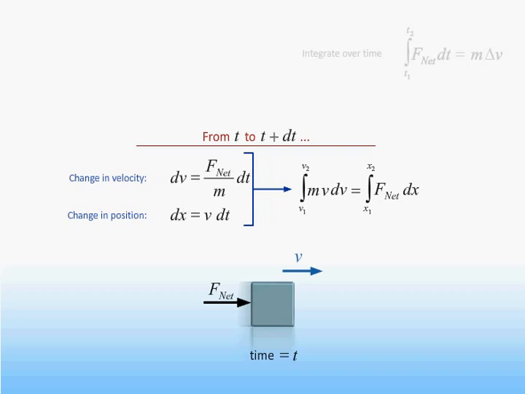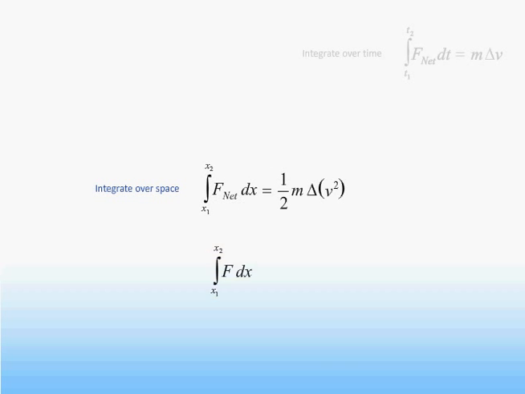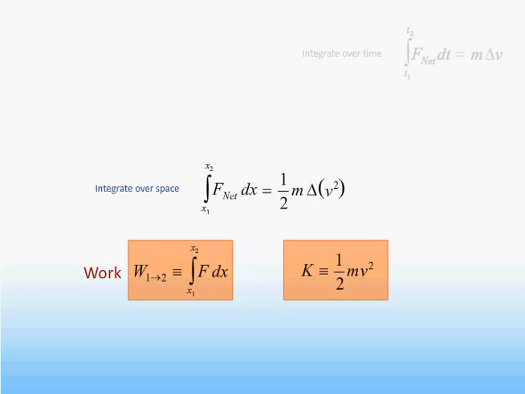If we now integrate this equation, we obtain the relationship between the integral of the net force over the displacement and the change in the square of the velocity. We define the integral of the force over the displacement to be the work done by the force, and the quantity 1/2 the mass times the velocity squared to be the kinetic energy of the particle.